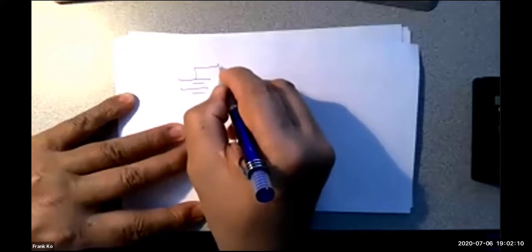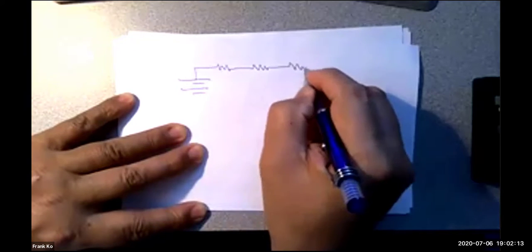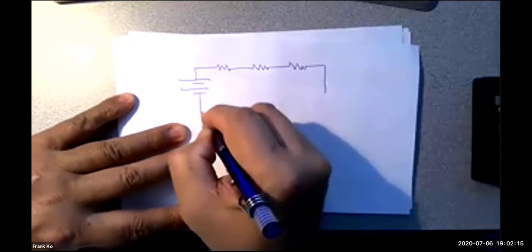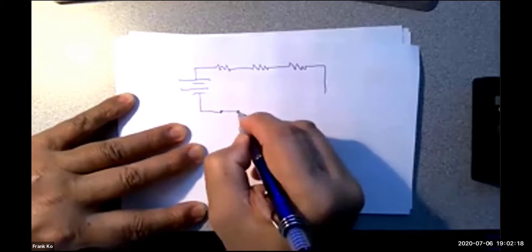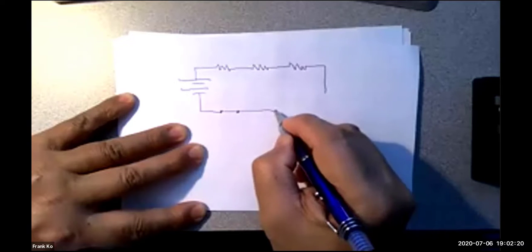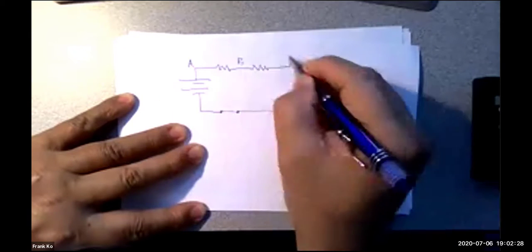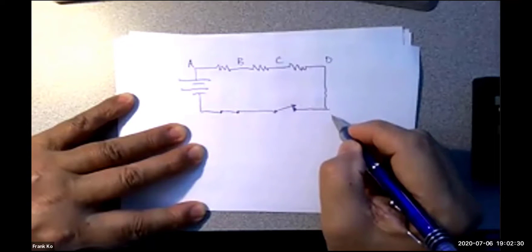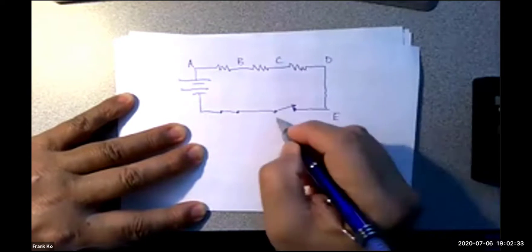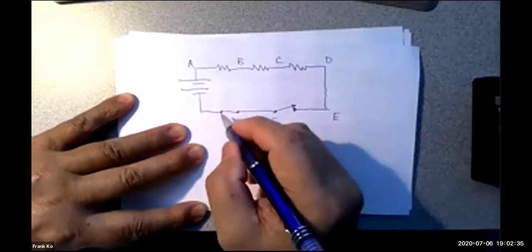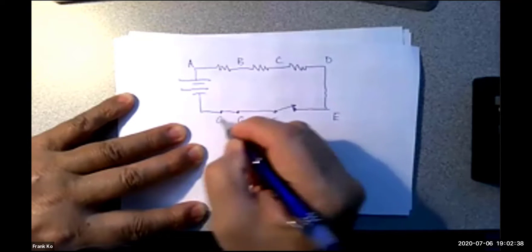The schematic goes this way: you have a voltage source, a resistor, a resistor, a resistor coming down here. This is where the LED would be replaced with a short, and this is where your switch is now in the closed position. I believe these were points A, B, C, D, E on this side, F on this side, and G over here.